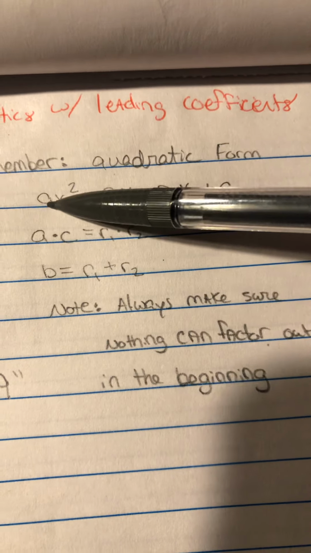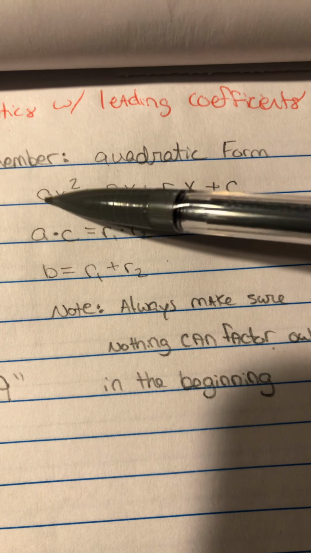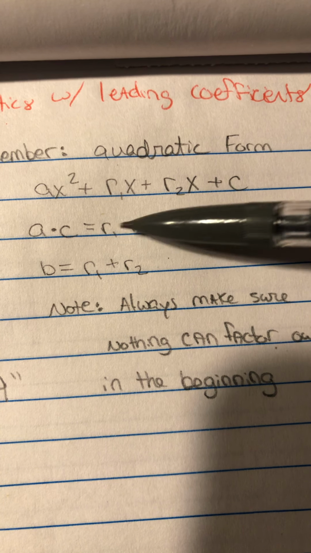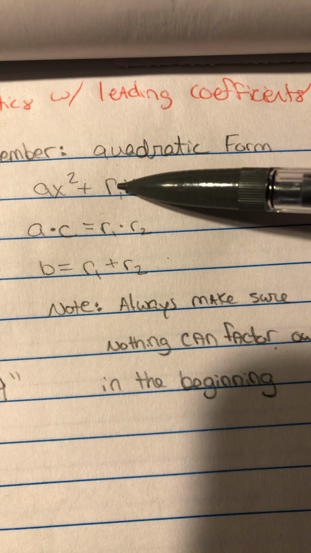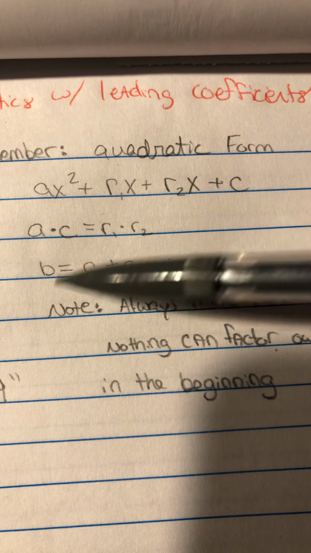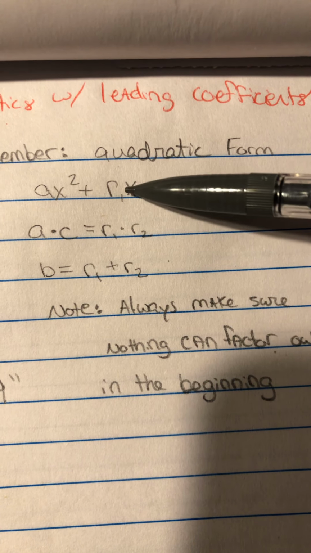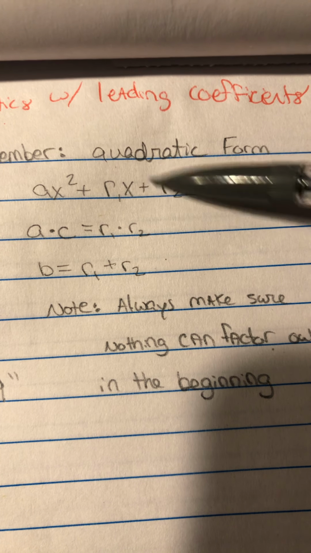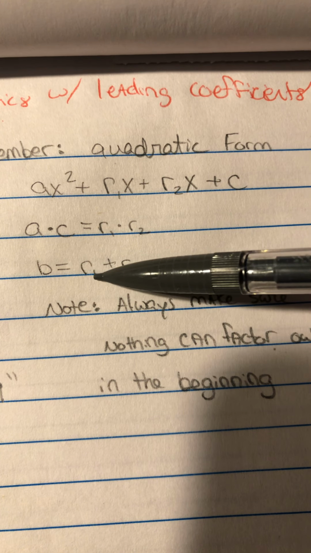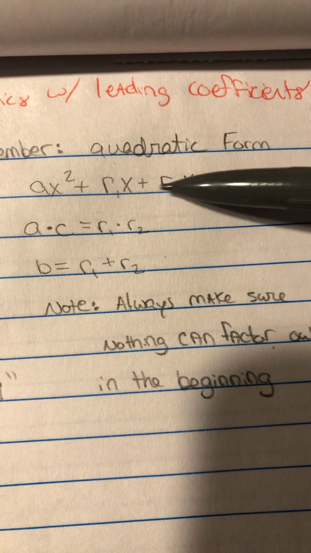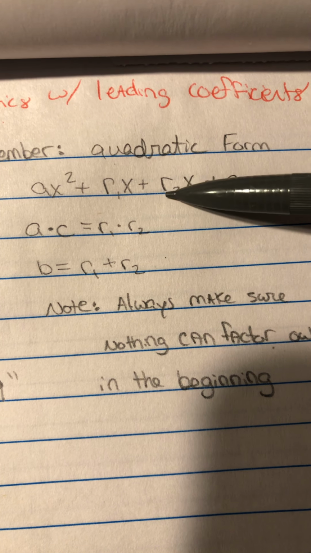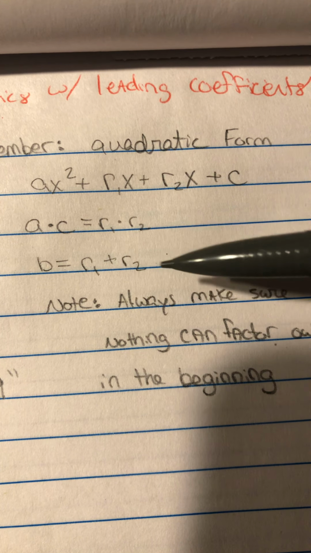So we got to know that a times c, the leading coefficient and the back number, times each other will make r1 times r2. So r1 times r2 is the same as a times c, and then our b, which was just bx over all of this part, is now going to be broken up into r1 plus r2. That will make your b total. Make a little bit more sense.